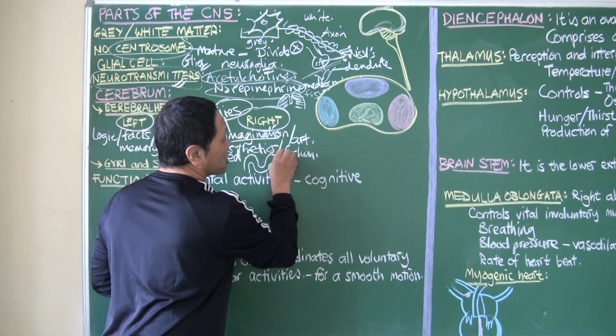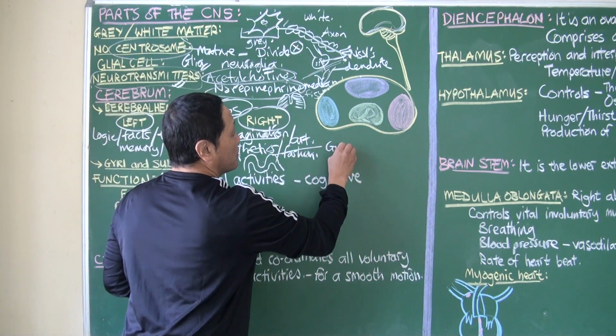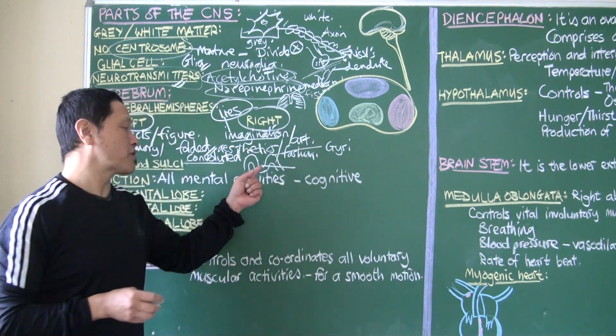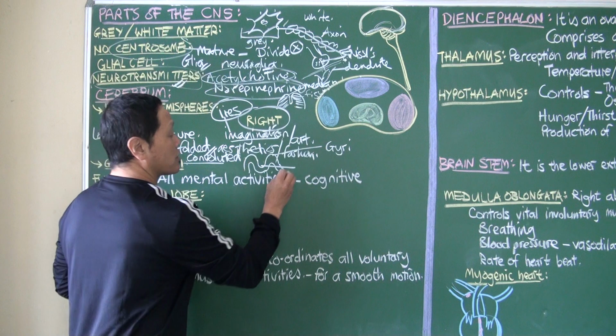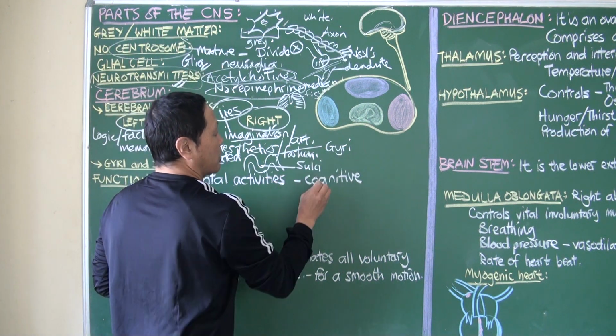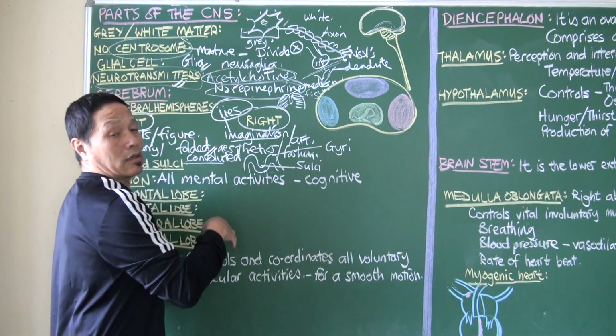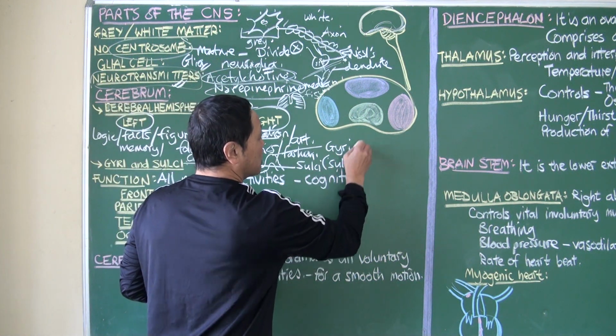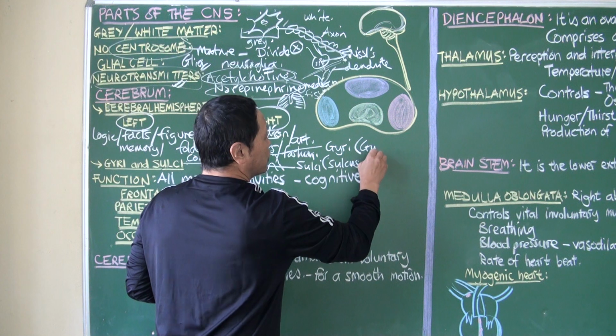So the raised parts are called your gyri, and the depressions or the grooves are known as your sulci. Or if you use singular for that, it's sulcus and gyrus.